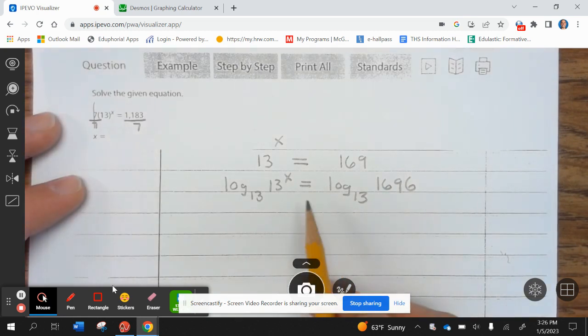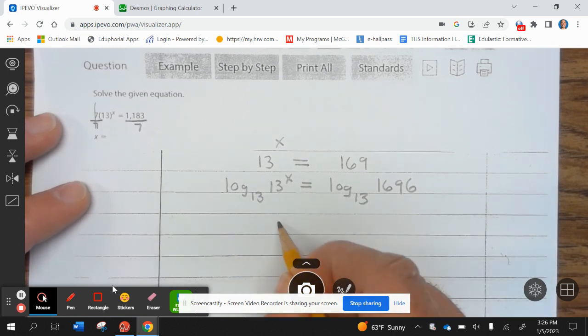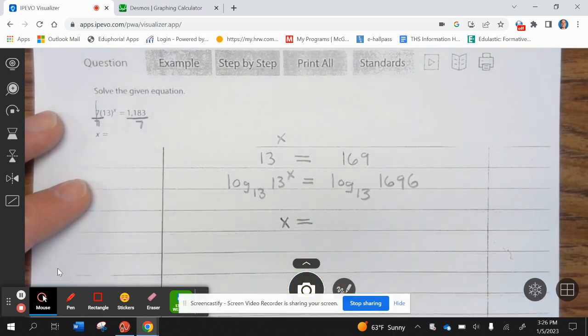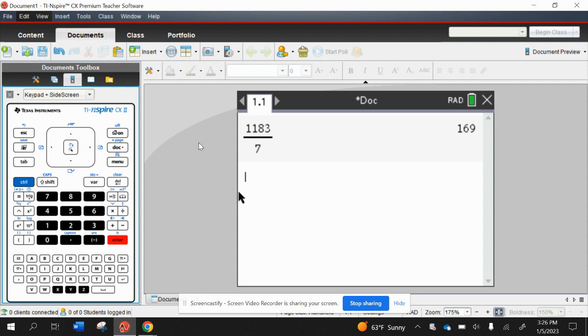Okay, so that cancels. You're left with x equals, and then we're going to put this in our calculator. So I'm going to press control log base 13 of 1696, and we can see that, oh, whoa, wait a second. I wrote something wrong.